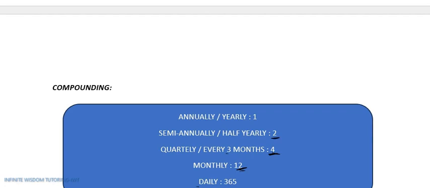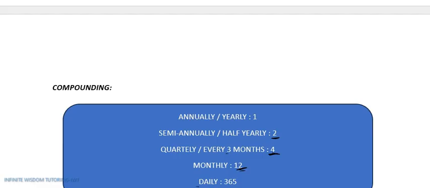So how does this compounding work? It works only for the compound interest, and also for the annuities, for the future and the present annuity. For simple interest and for the depreciations, these compoundings do not work. So when you use them, if they say annually, for example, you're going to take n multiplied by 1, and wherever you see i, you divide by 1.